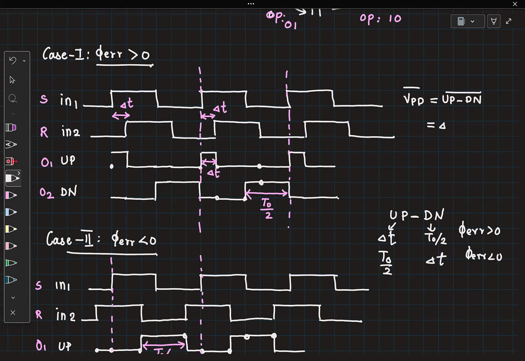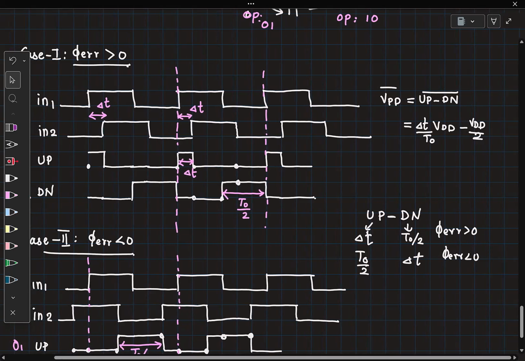That is delta t by t naught into VDD, minus what is the average of the down signal? That is VDD by 2.